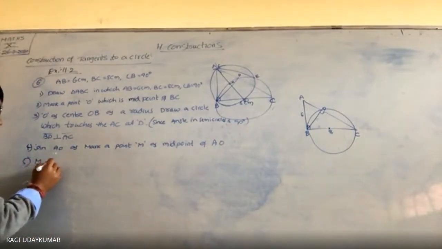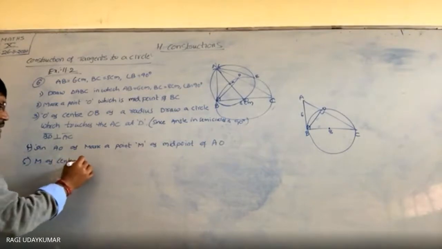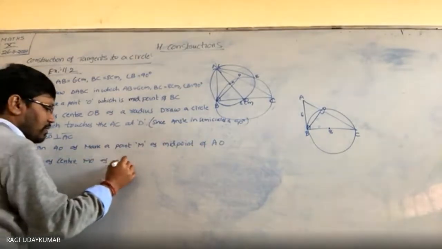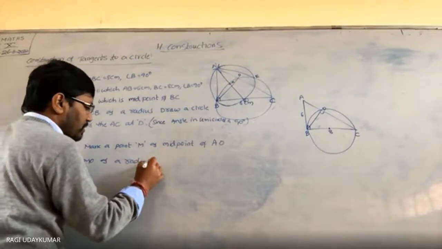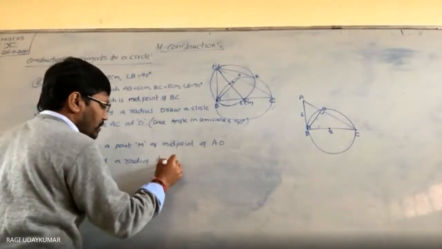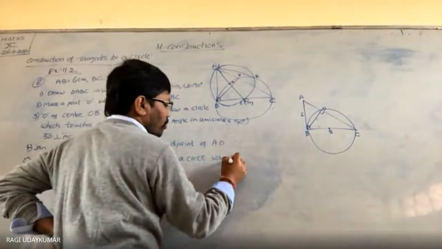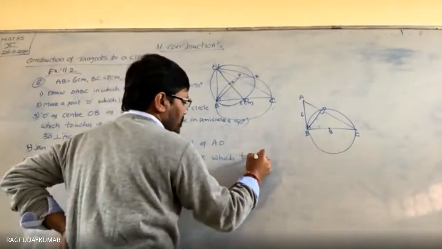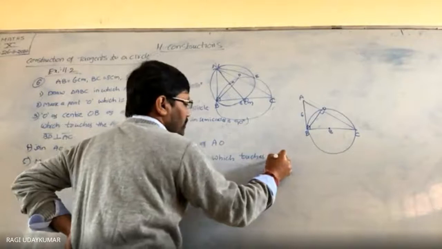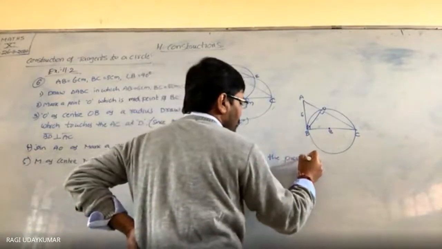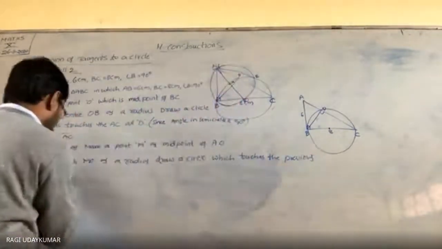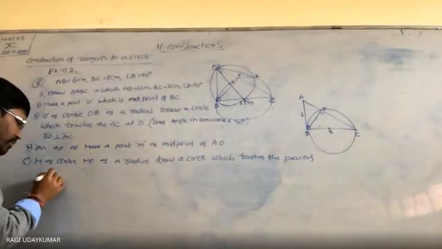M as a center, MO as a radius, draw a circle which touches the previous circle at B.